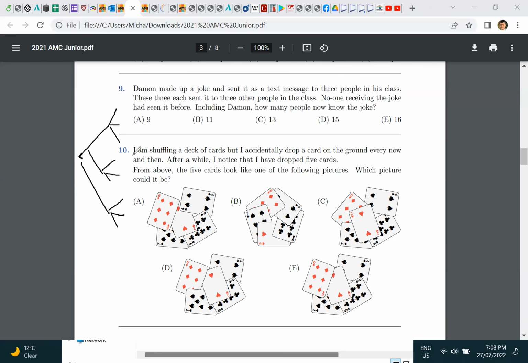Oh wait, it's 3 times 3. Yeah, I think so. That's 13. 13, yeah.